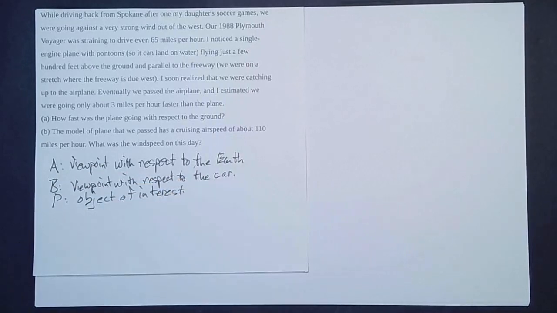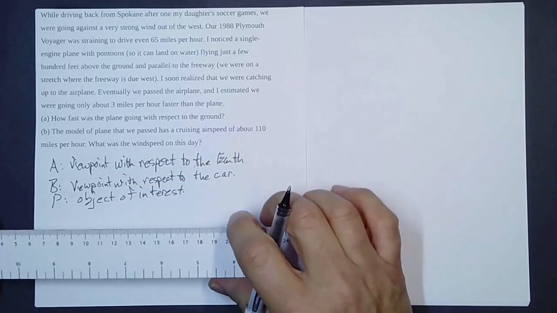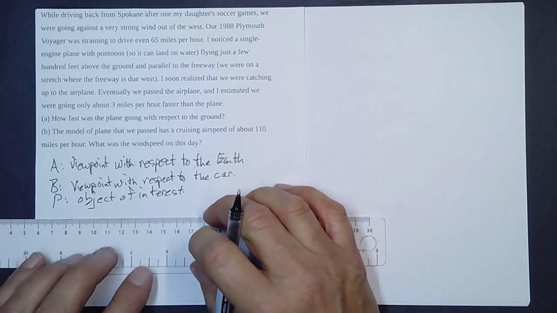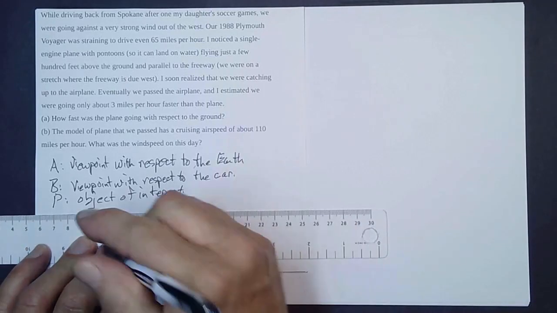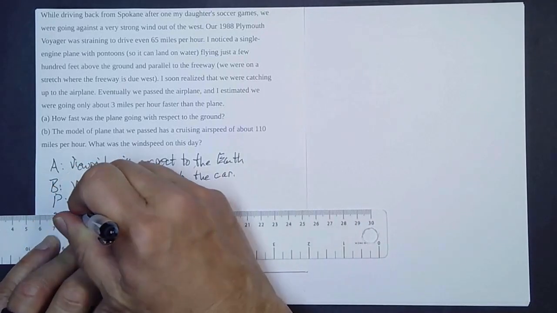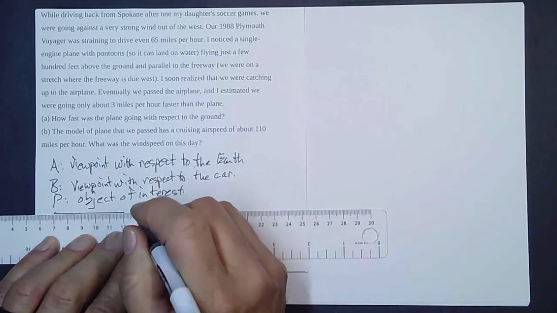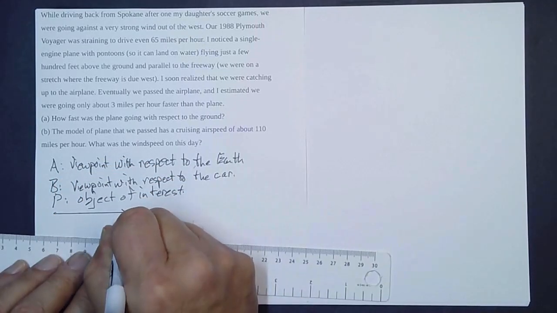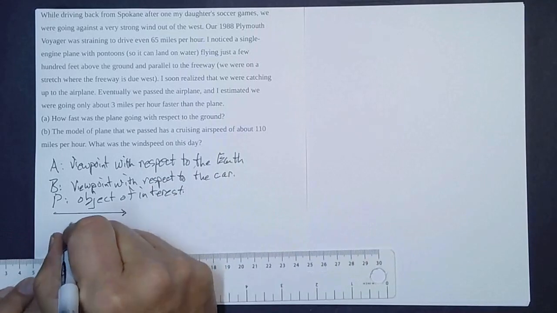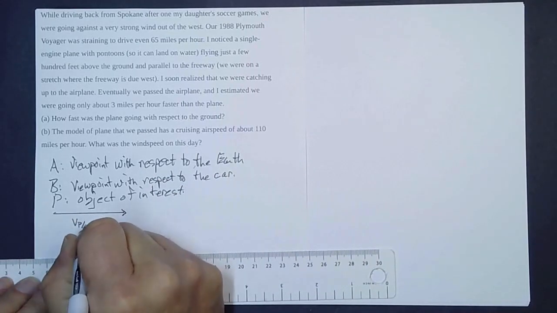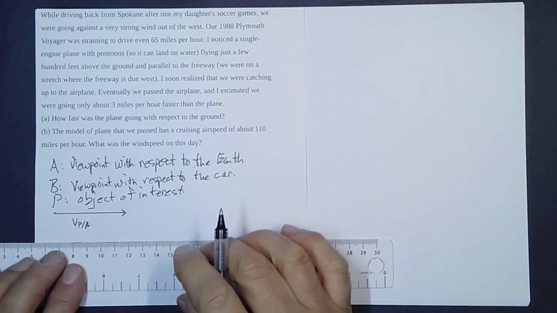Now, this is a one-dimensional problem, so I can have all of these arrows pointing in the same direction, and we're going to be looking down at this. One of the things will be the velocity of the plane with respect to A, with respect to the Earth.